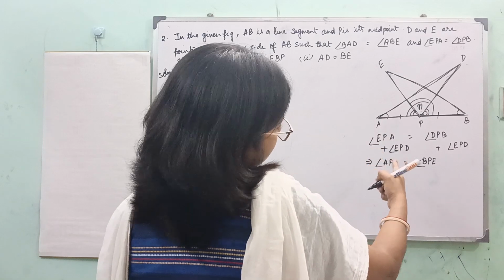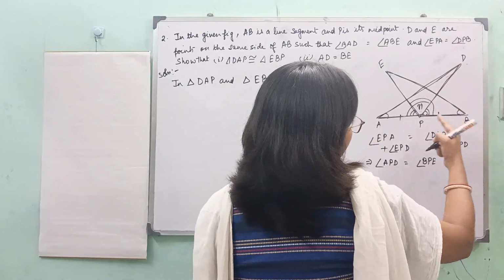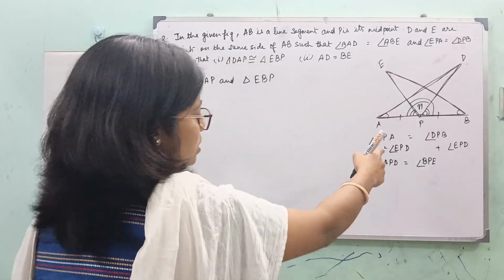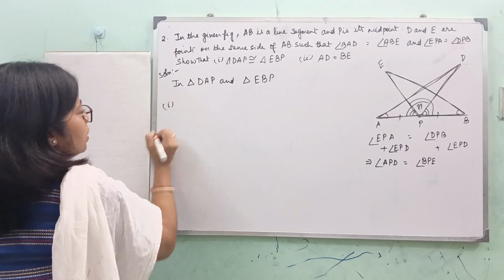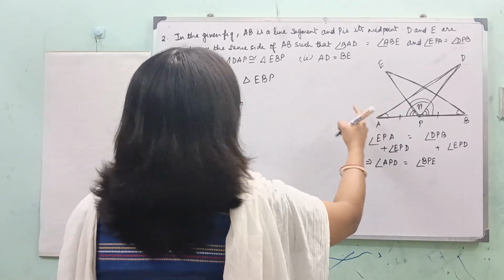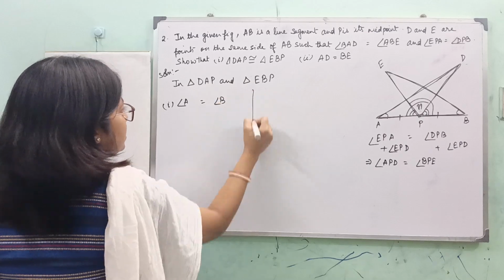So you see, we have shown that angle APD is equal to angle BPE. All right, now this we will be using in this problem. Number 1, angle A equals angle B. What is the reason for that?